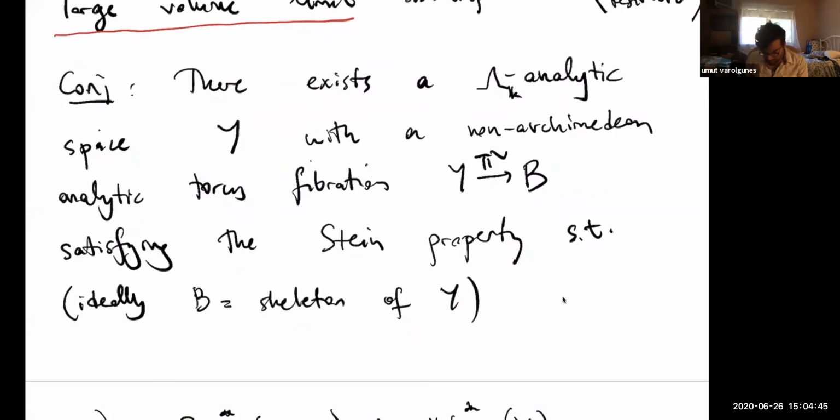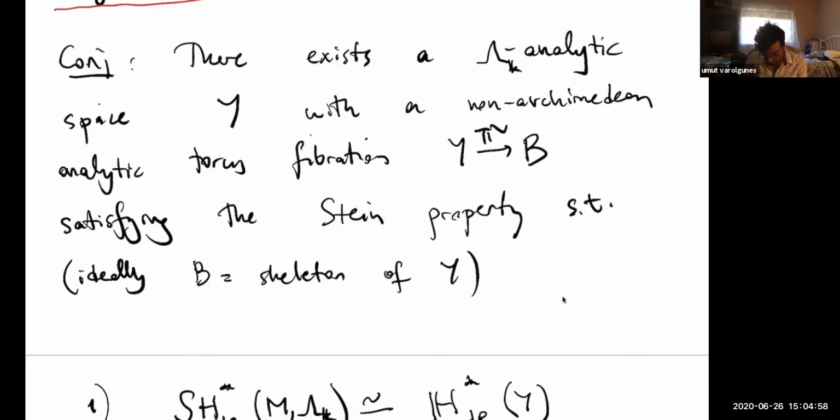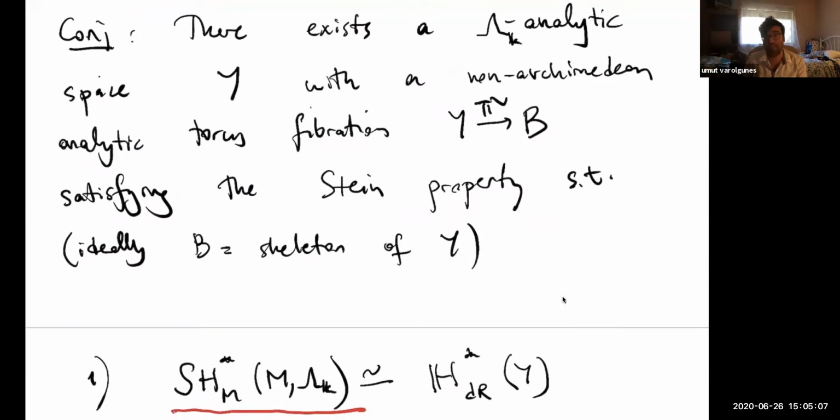It should satisfy some kind of Stein property, which means that you can really construct this space by gluing pre-images of sets from B. It's not Stein, but it's locally Stein, and local in terms of the base. Ideally this B would be the skeleton of this non-Archimedean space.